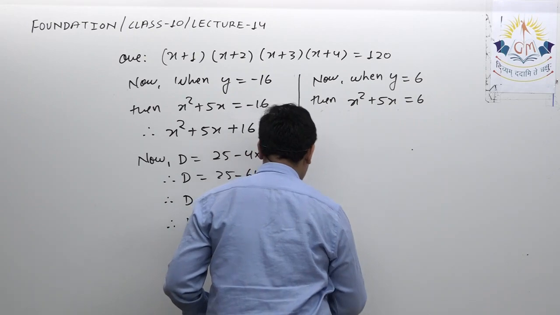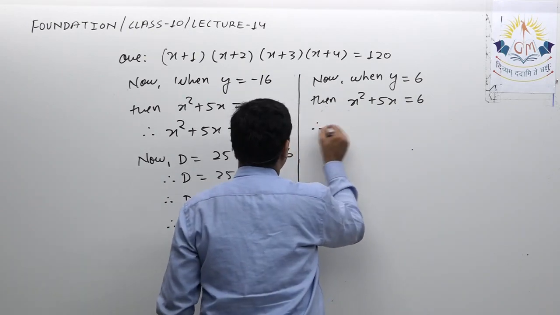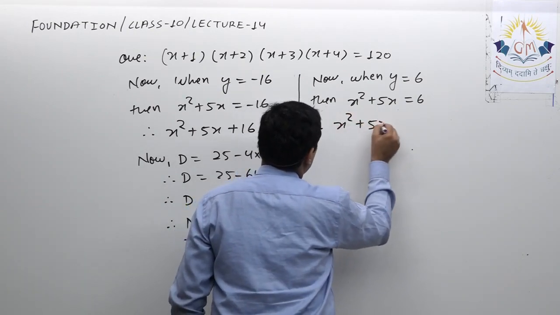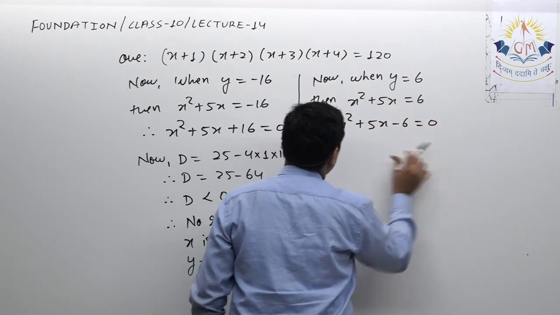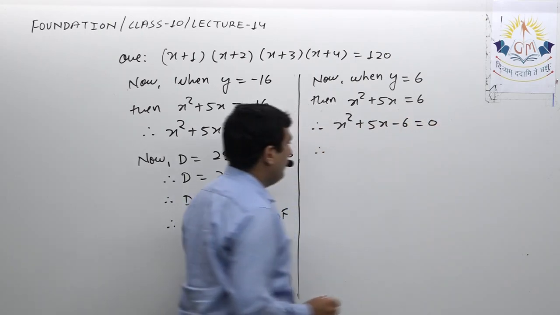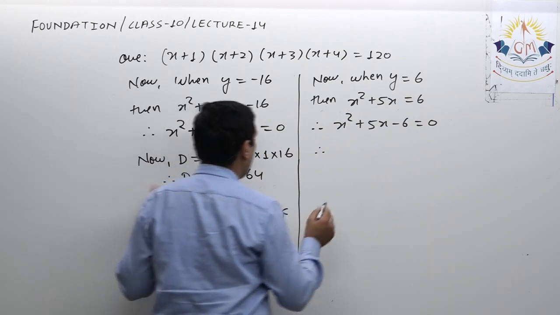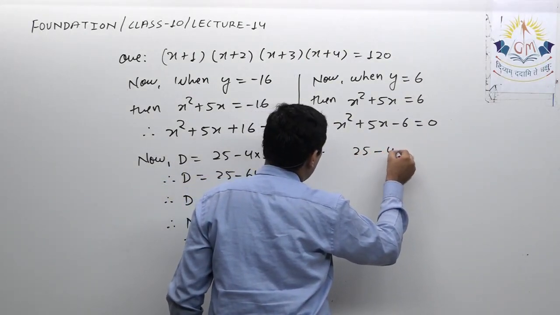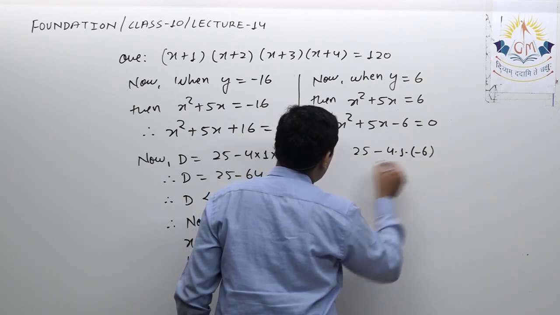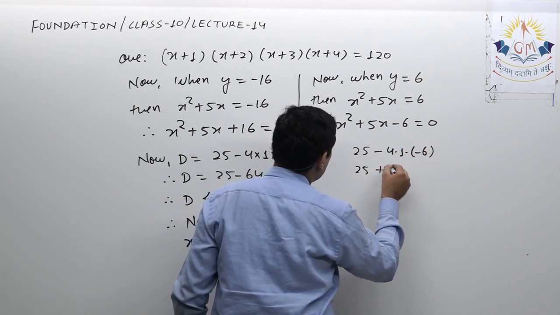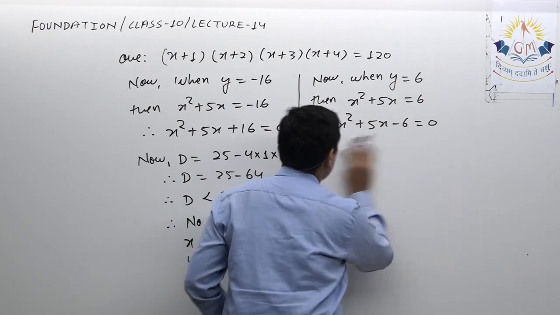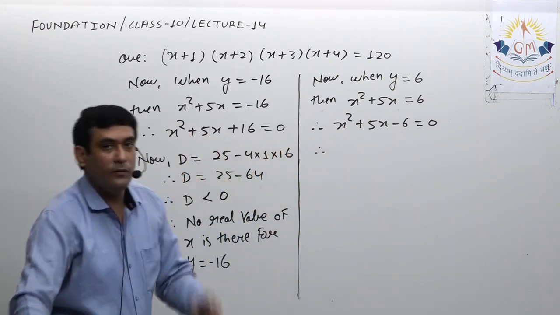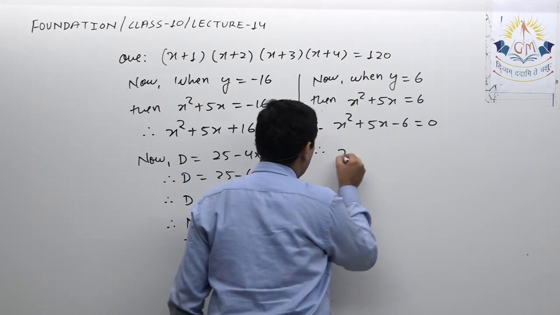So x square plus 5x minus 6 equal to 0. Now here, if you check D, that is b square minus 4 into a into c, with c as minus 6, that is 25 plus 24, 49. So it is possible, not only real but we'll get the integer values.